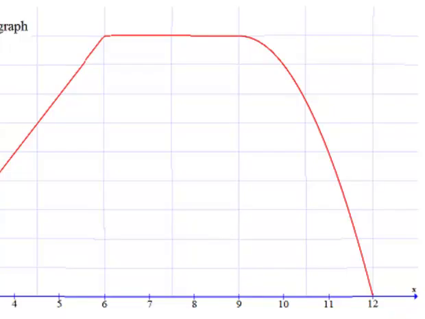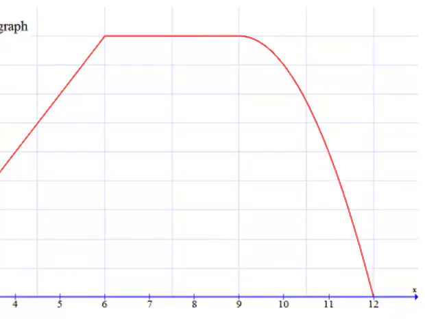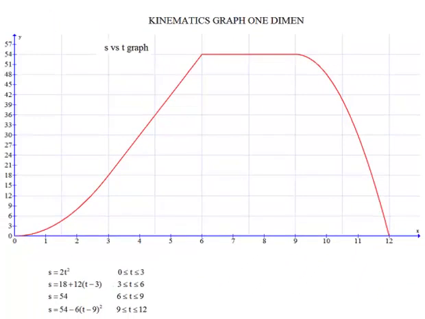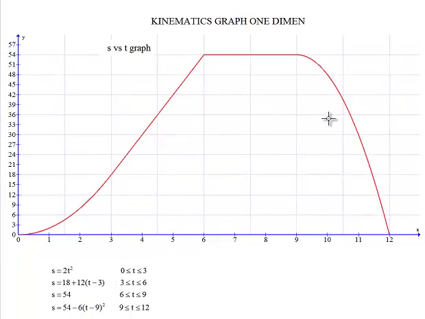Now, in the first 3 seconds, the body accelerates. Over here, the body is accelerating in this region, 0 to 3. In this, you see the body does not have a straight line, it's a curved motion which says the body travels with acceleration.